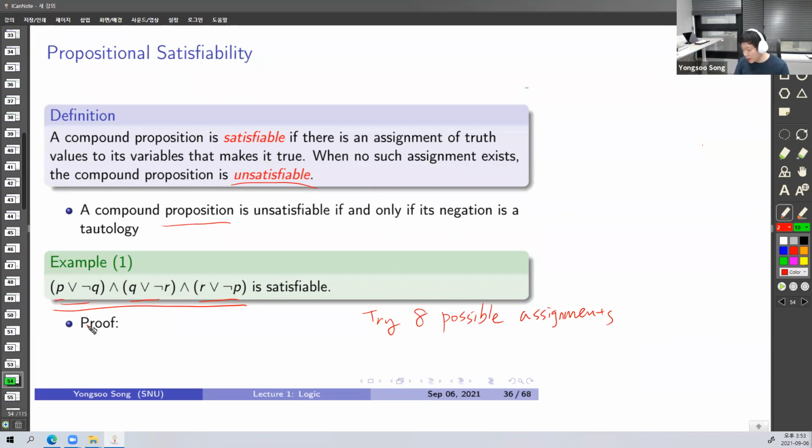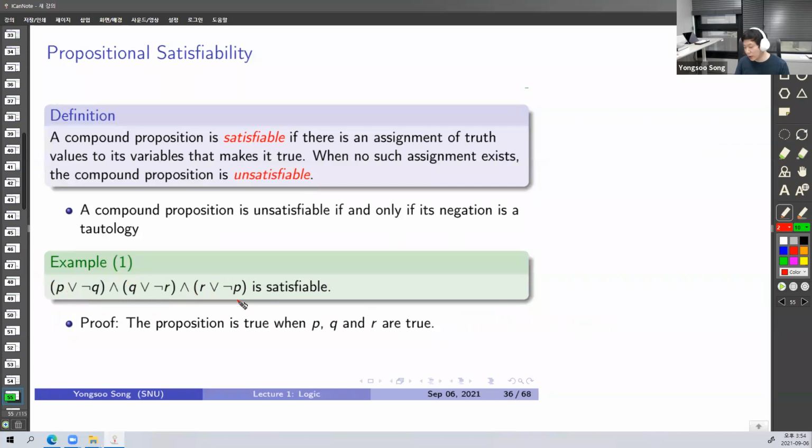And the same applies for the second and third terms. You can easily check that if P, Q, and R are all true, then this is true, this is true, this is true. And you have only OR operations here, so the whole building block becomes true. So the AND of these three propositions also becomes true.